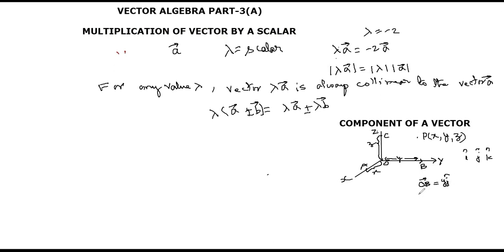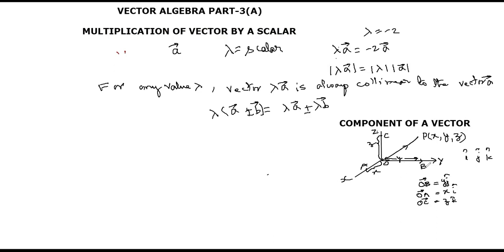Similarly, along the x-axis, OA is the component of this vector. Which vector? We are considering this vector O to P. OP is a position vector. So this position vector can be resolved into three components. Vector OA will be equal to xi, and OC will be equal to zk.